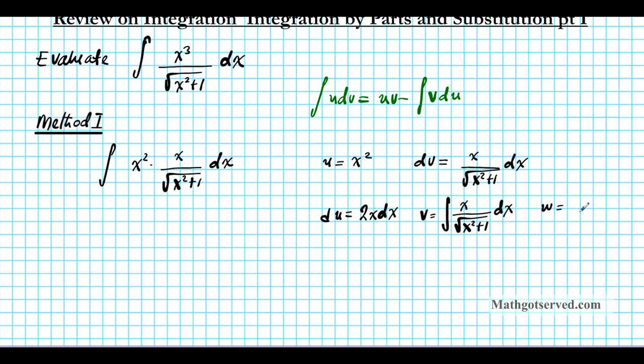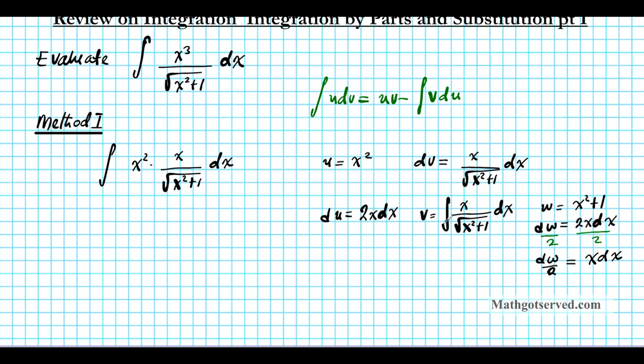So let w equal x squared plus 1. Now if I differentiate that, that tells me that dw is equal to 2x dx. Notice we have x dx over here, so I need to get x dx by itself. To accomplish that, I need to divide both sides by 2, and then I'll have dw over 2 is equal to x dx. Now we're ready to make our substitution.